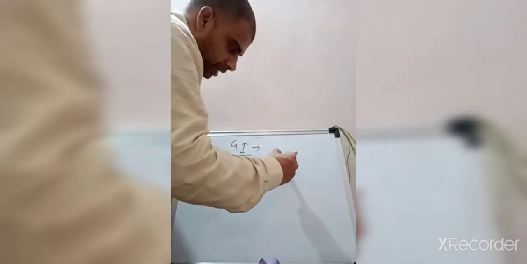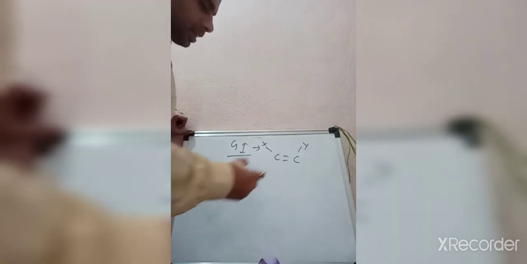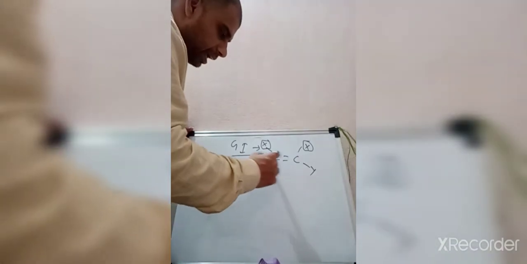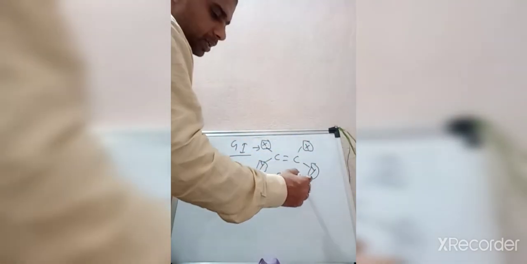If I write GI: C double bond C, here X, here Y. If X and Y are on one carbon and X and Y on the other, with X and X on the same side on top and Y and Y on the same side at the bottom, then this structure is known as the cis isomer.